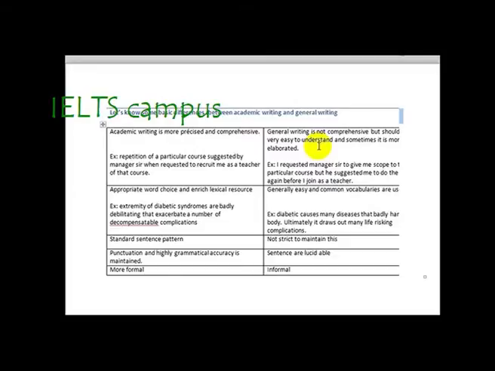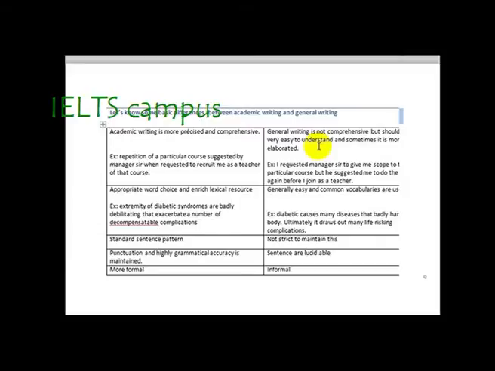So this example, turned into general sense, general speaking, or general writing, is like this: I requested manager Sir to give me scope to be a teacher of that particular course, but he suggested me to do the course again before I joined as a teacher. So let's have a second example to clarify the issue very clearly.